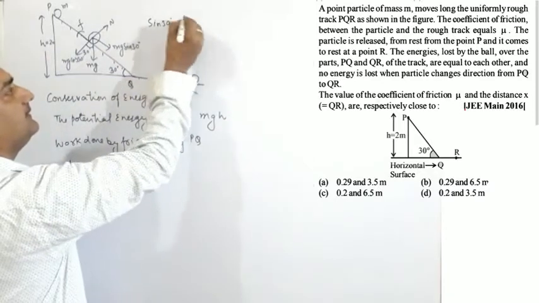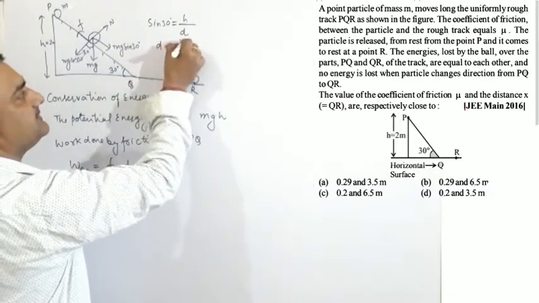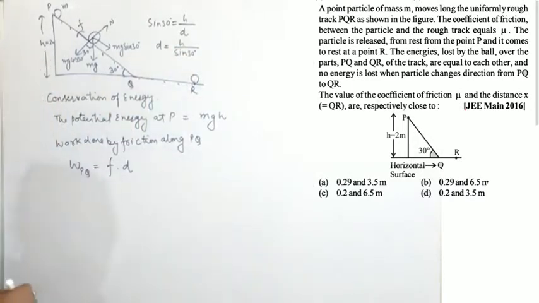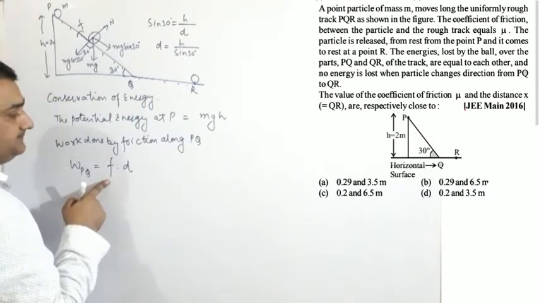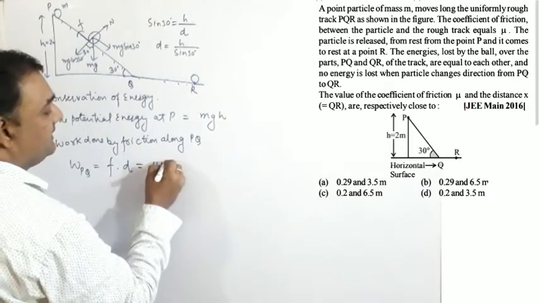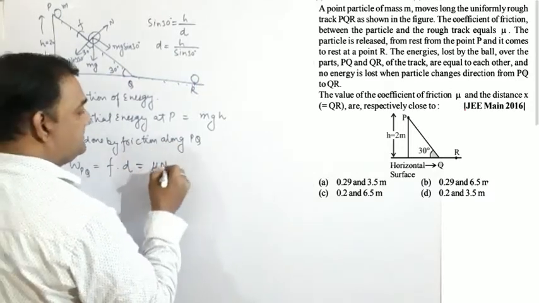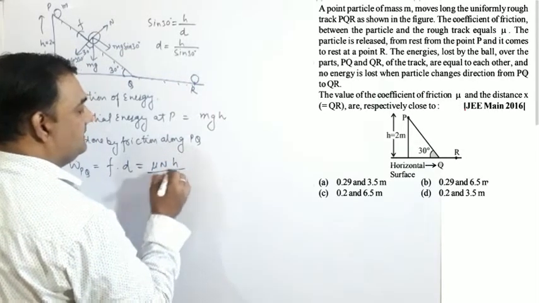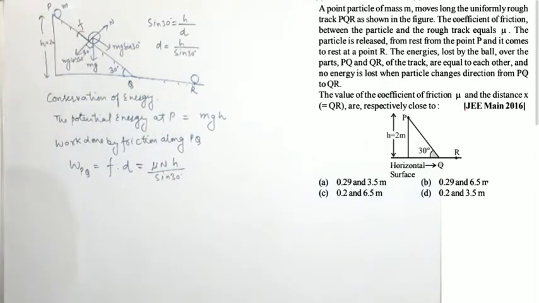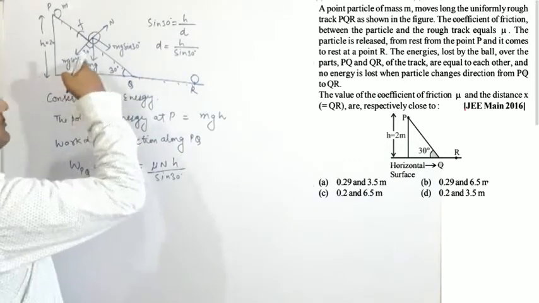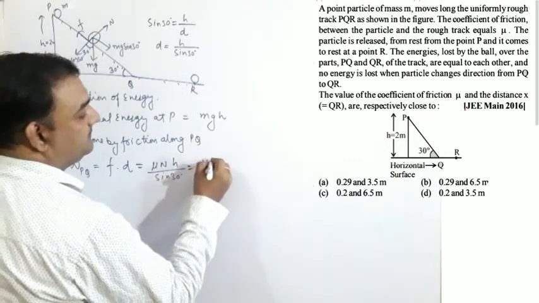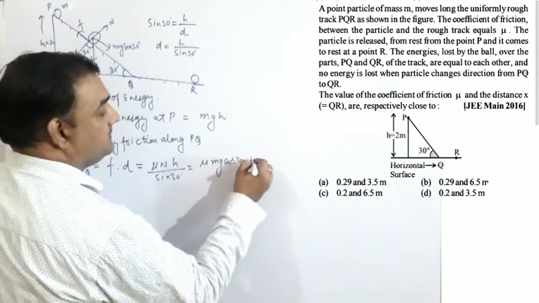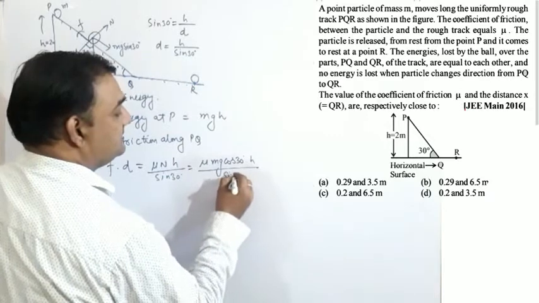So d is equal to h by sin 30 degree. And what should be the friction? Friction we already know is mu n, and d is h by sin 30 degree. But n is equal to mg cos 30 degree. So it is mu mg cos 30 degree into h by sin 30 degree.